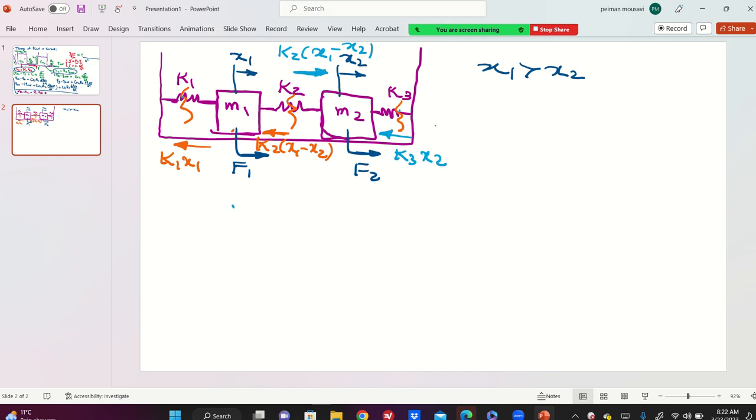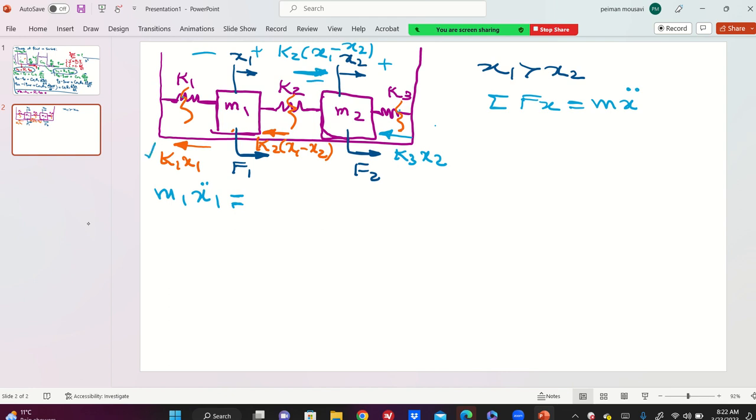Okay, so now I'm going to apply Newton's second law for two masses. Sum of the forces in x direction is m x double dot. We have two masses, two equations. So we're going to have this m1 x double dot 1 equals to, okay, this way is positive, this way is negative. This is our coordinate system.